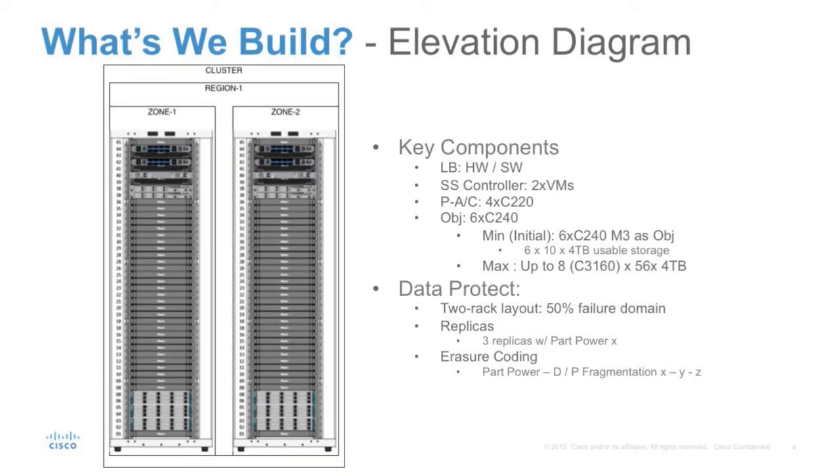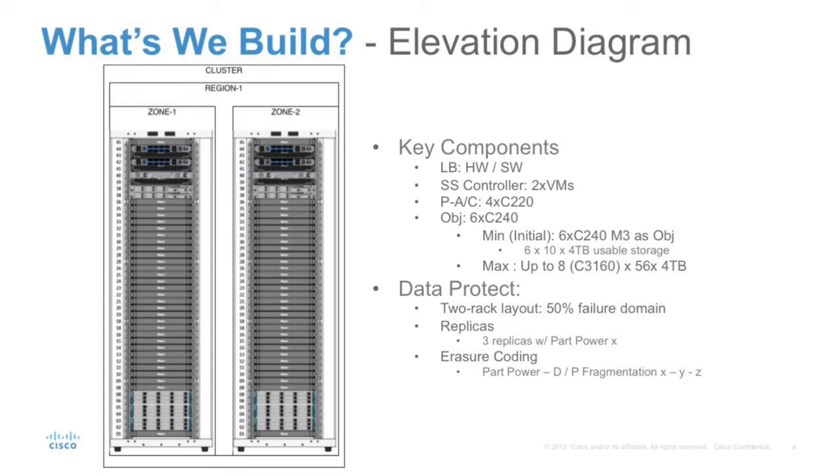And what we built here, this is the evaluation diagram just for the initial stage. We actually have some key components here. First one, other than bare metal, is a load balancer, no matter whether it's software or hardware. And we have a SwiftStack on-prem controller. This is the SwiftStack product. They only require a VM.